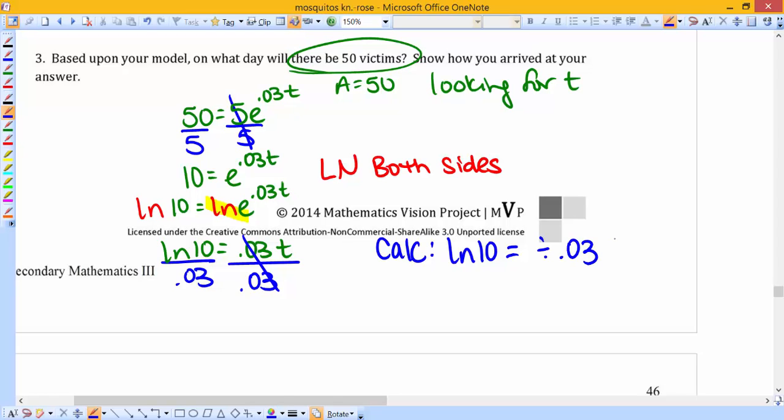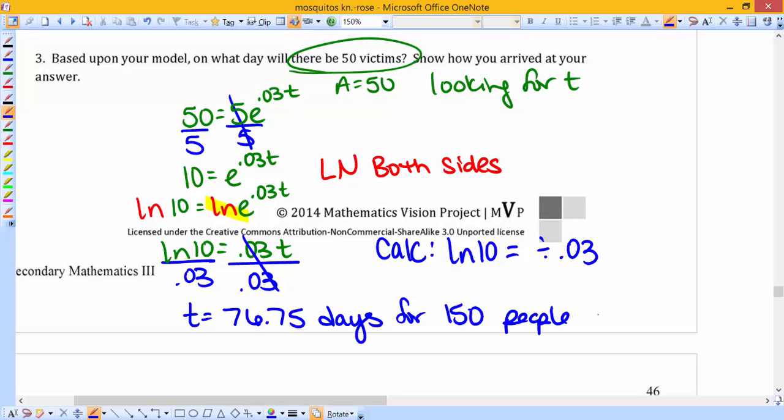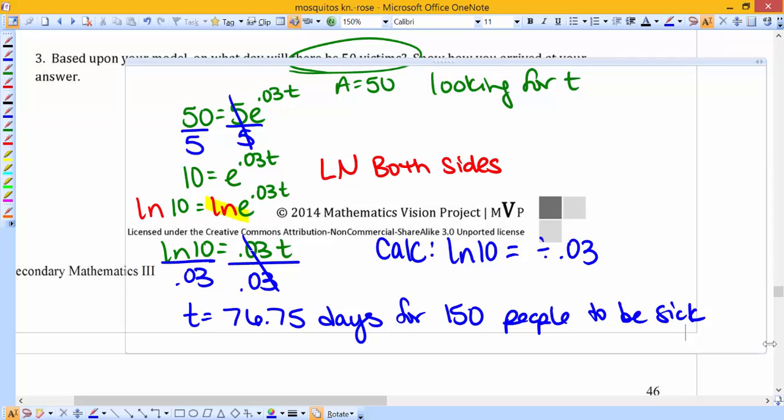So the natural log of 10, hit equals, divided by 0.03. And for 150 people to be infected, it's going to take 76.75 days for 150 people to be sick. Make sure you can get that in your calculator, please.